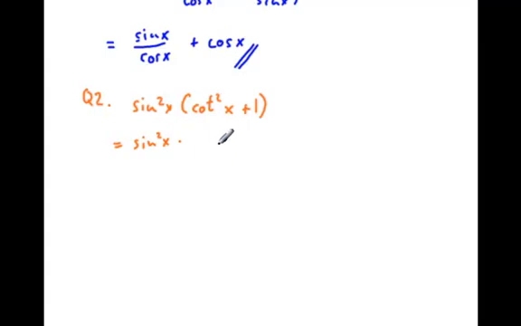times, and here recognize that that is a Pythagorean identity, so cosecant squared x. As I said, that's a Pythagorean identity.